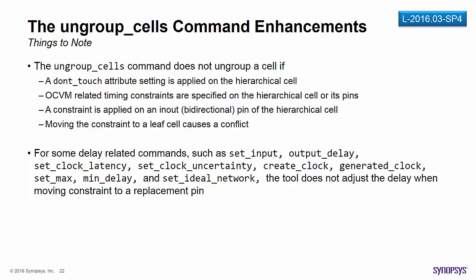Moving a constraint to a leaf cell causes a conflict. For some delay-related commands, such as input delay, output delay, clock latency, clock uncertainty, clock period, create clock, generated clock, max delay, min delay, and set ideal network, the tool does not adjust the delay when moving constraints to a replacement pin.